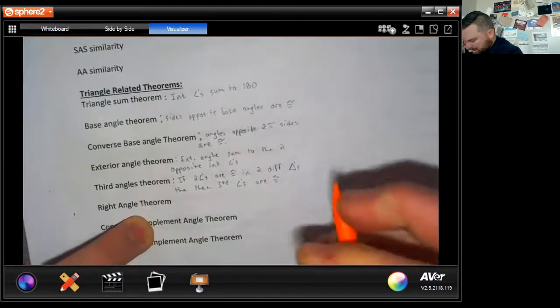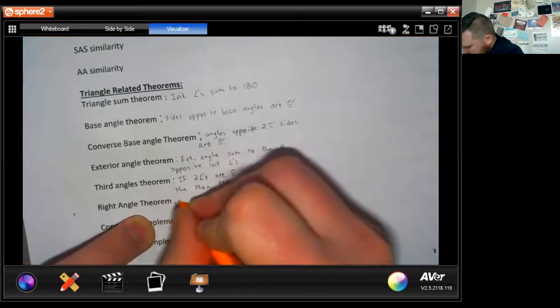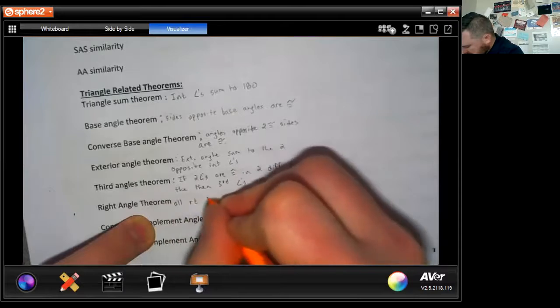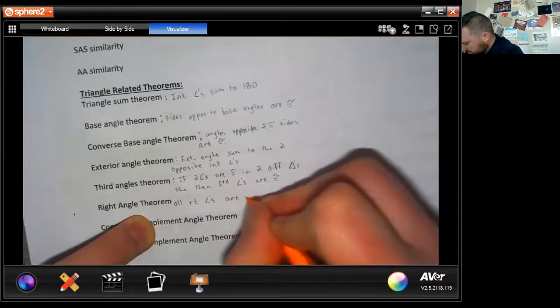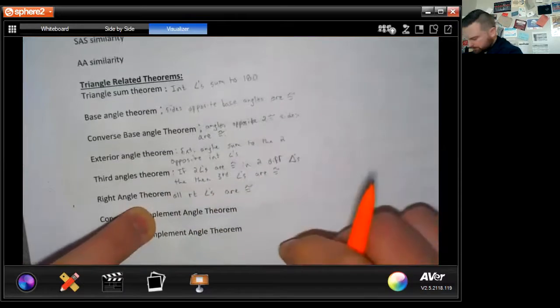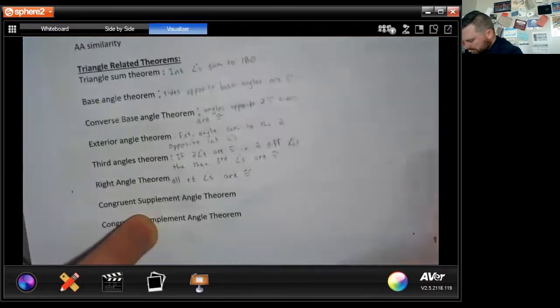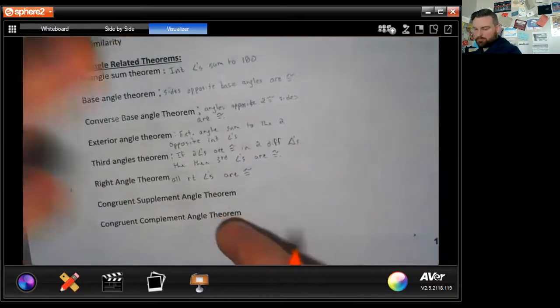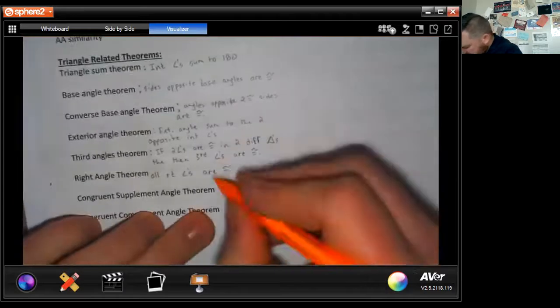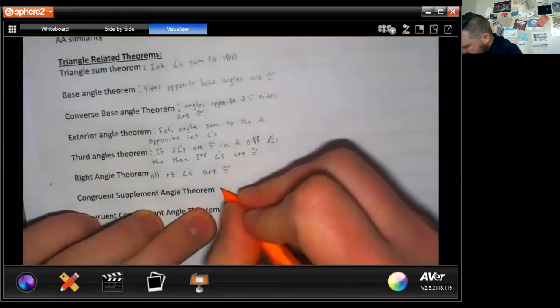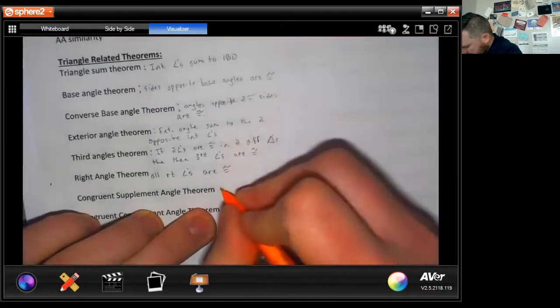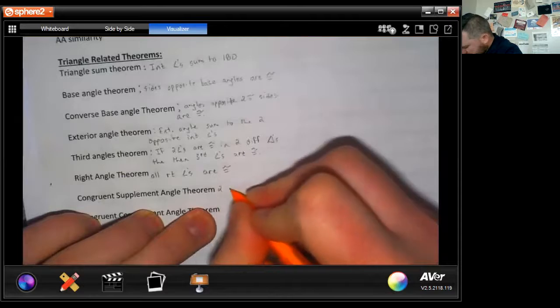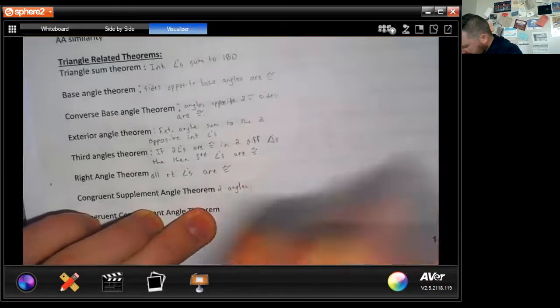The right angle theorem says that all right angles are congruent. Congruent supplement angle theorem and congruent complement angle theorem are the same, and this goes for both.